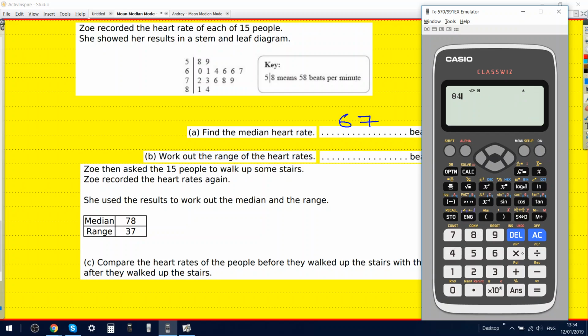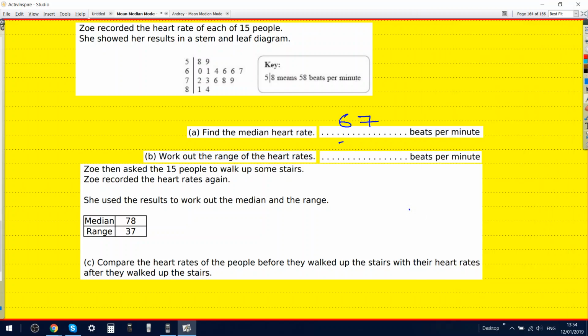And then how would you do the next part? Is it compare the heart rates of people before they walked up the stairs with their heart rate after they walked up the stairs? So use the results to work out the median and the range.